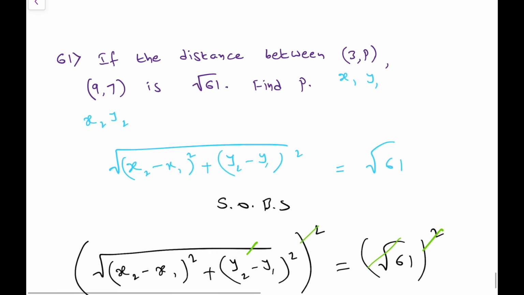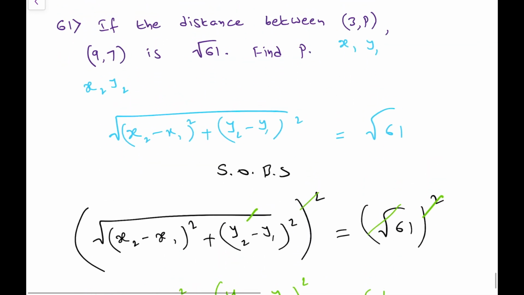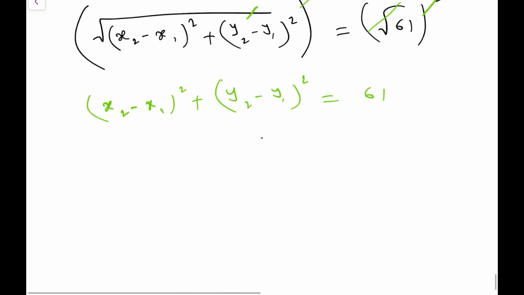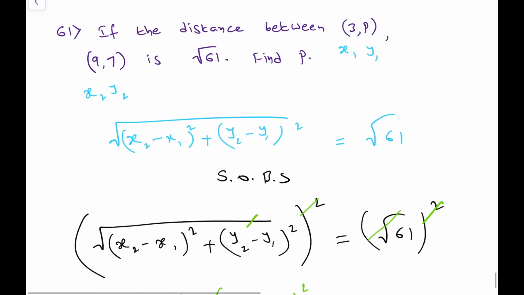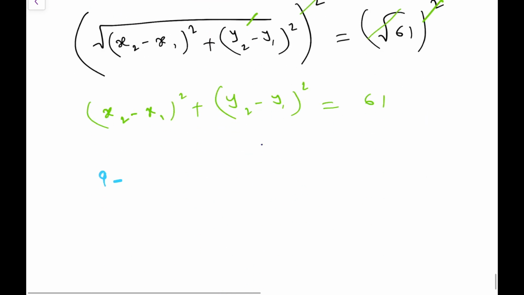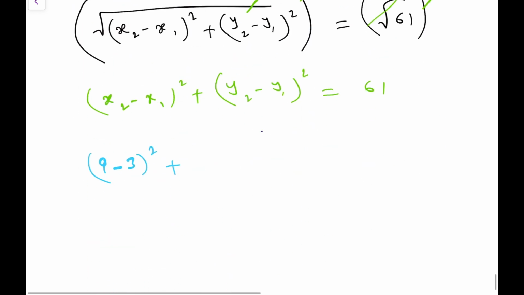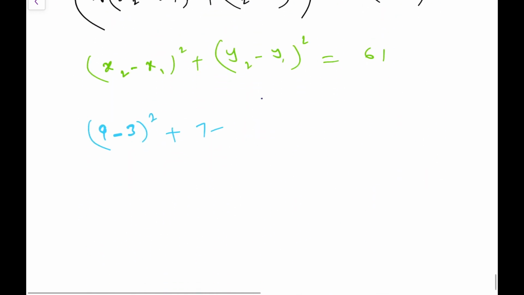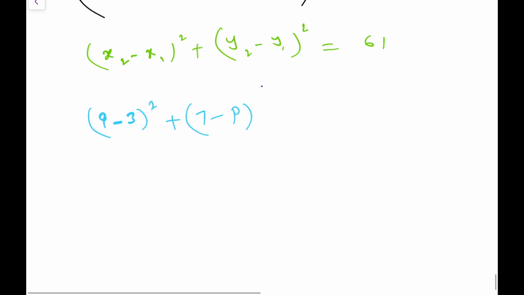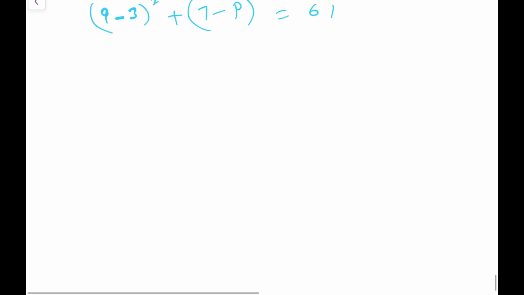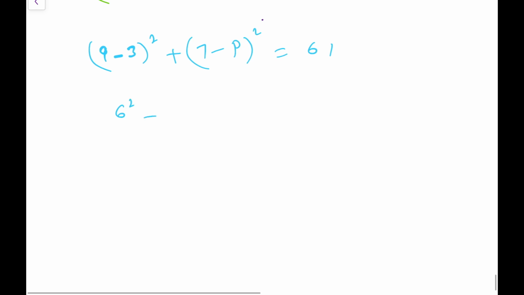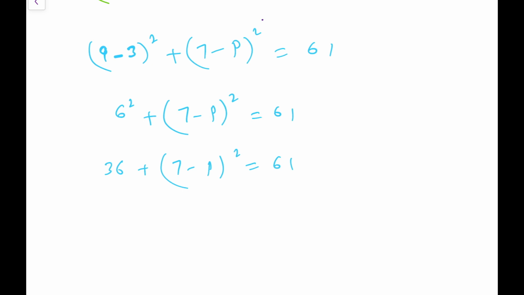First x2, right? So this is x1, x2 is 9 minus x1 is 3 whole square plus y2 7 minus y1 p whole square is equals to 61. 9 minus 3, 6 square, plus 7 minus p whole square equals to 61. 6 square is 36, plus 7 minus p whole square equals to 61.